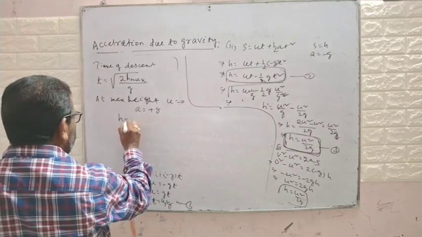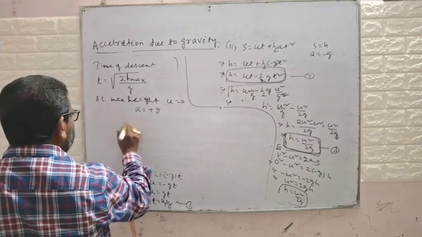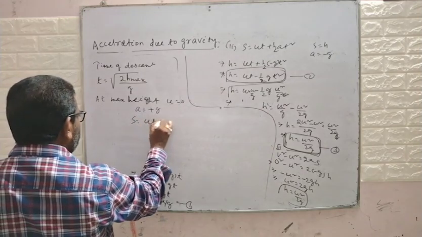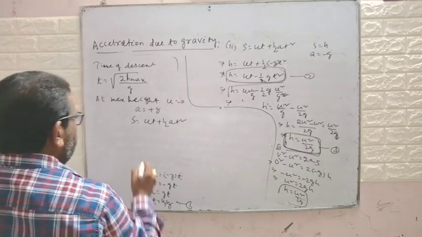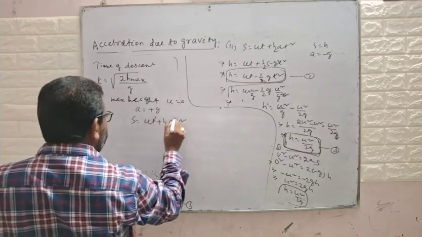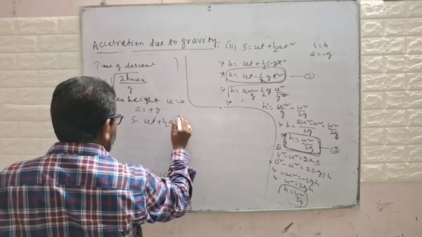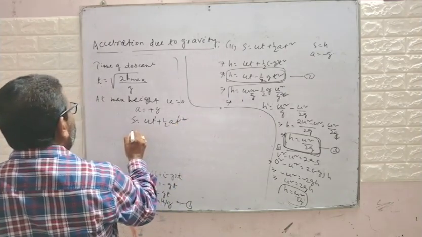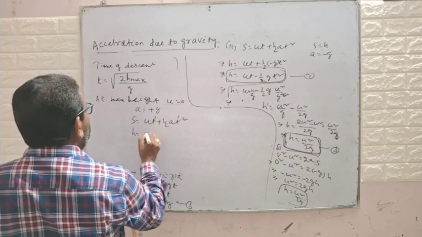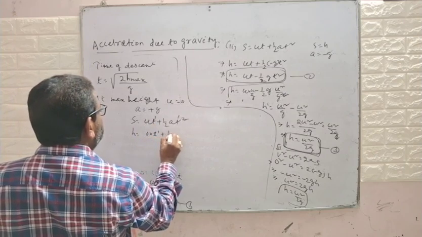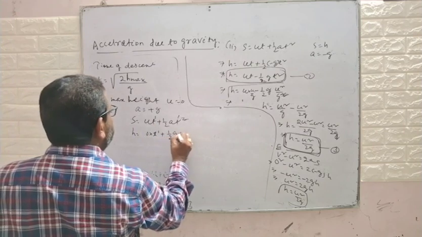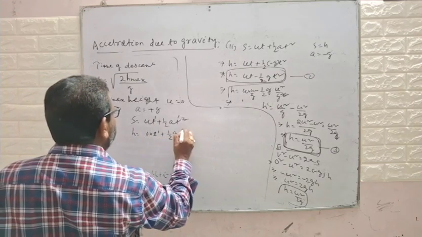And h is equal to, s equal to ut plus half at square. We will take the time of descent t dash. h is equal to 0 into t dash plus half gt dash square.